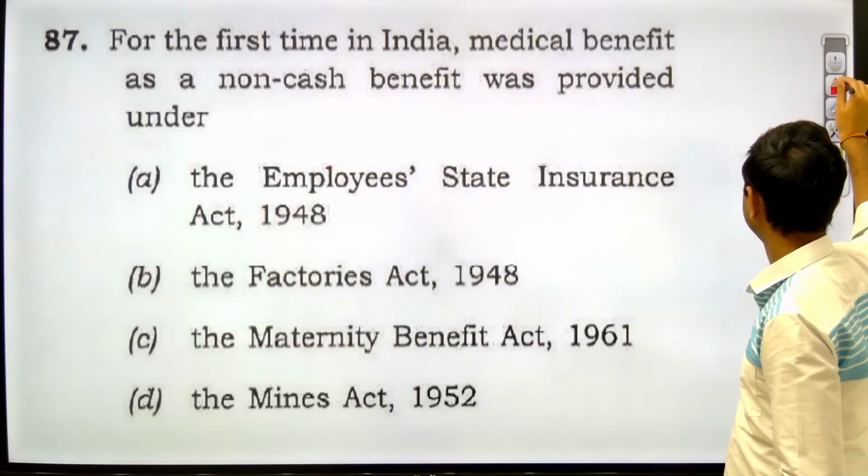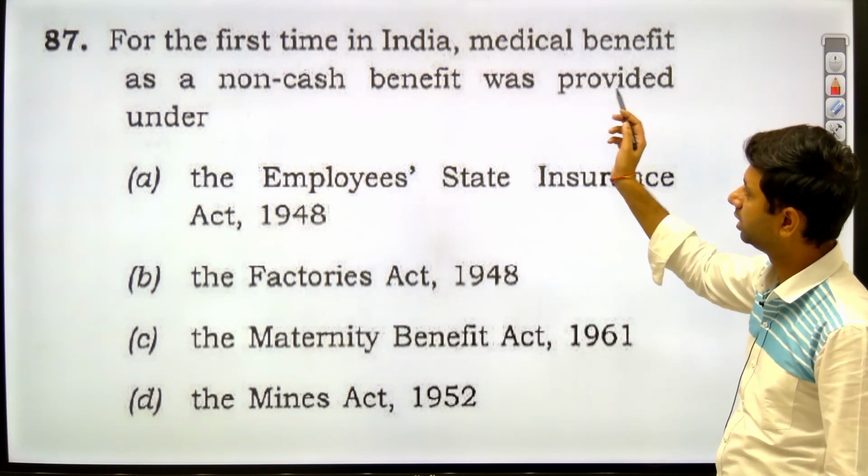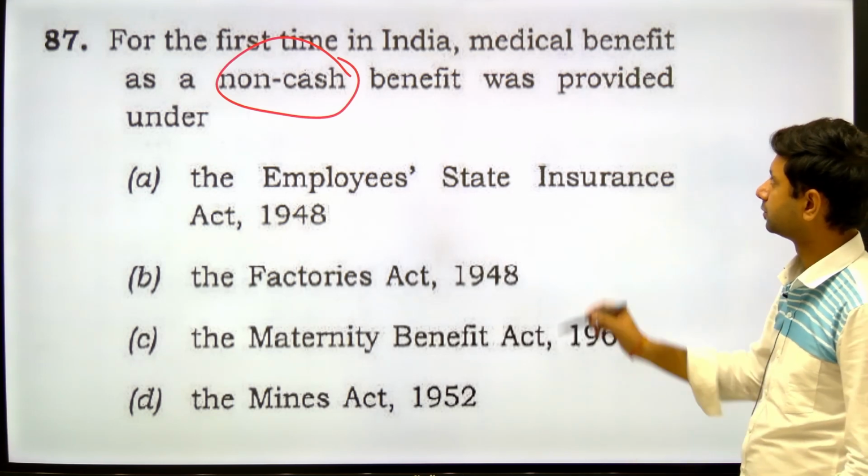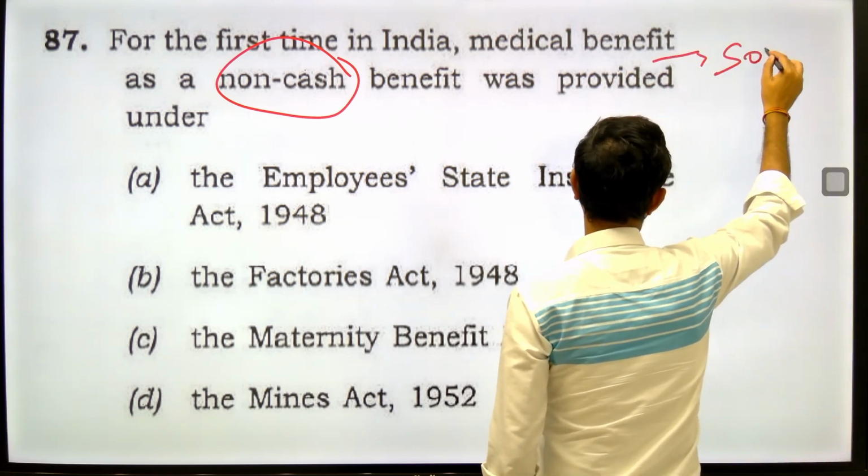Let's move on to the next question: for the first time in India, medical benefit as a non-cash benefit was provided under which Act? Such benefits are associated with social security.